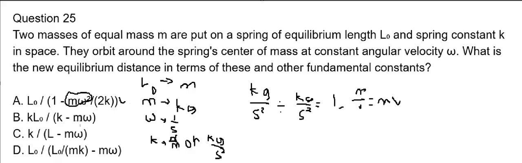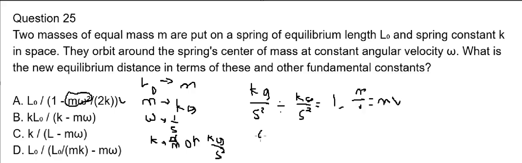Then looking at answer choice B, for this one, we can notice how this k value has seconds squared in its denominator. Meanwhile, m omega is just kilograms over seconds.